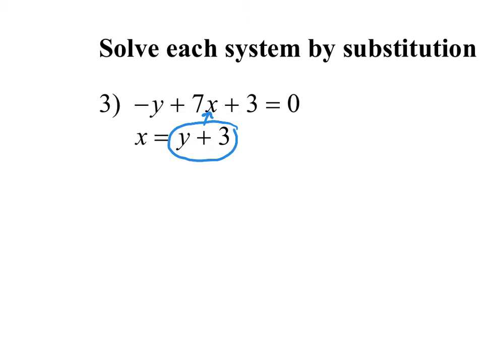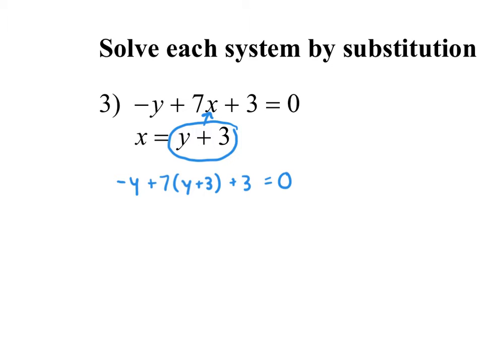So we have -y plus 7 times y plus 3, plus 3 is equal to 0. So we just took y plus 3, plugged it in for x, substituted it in.